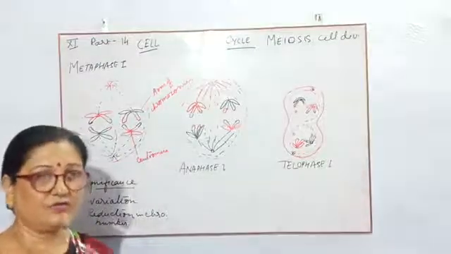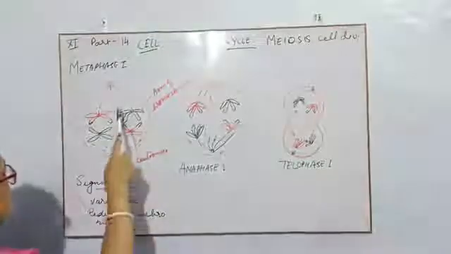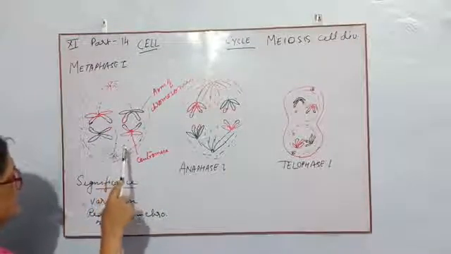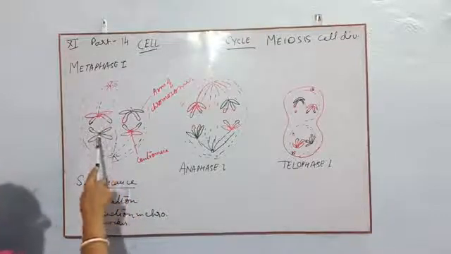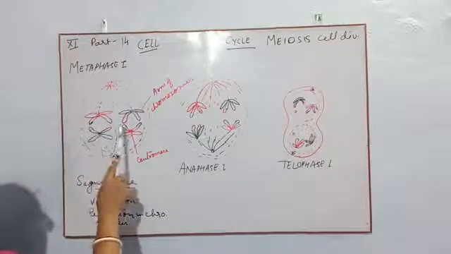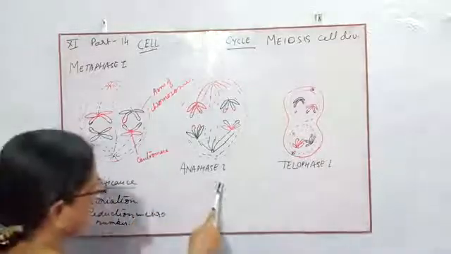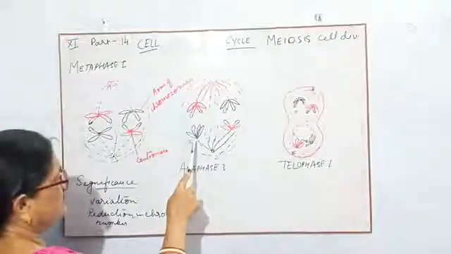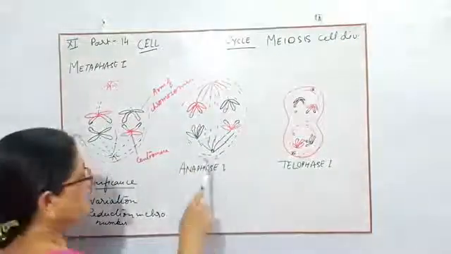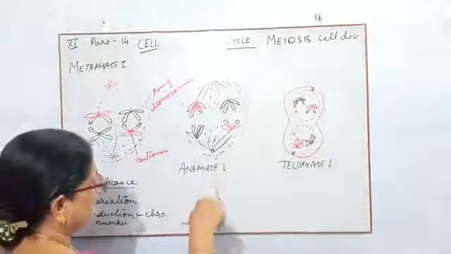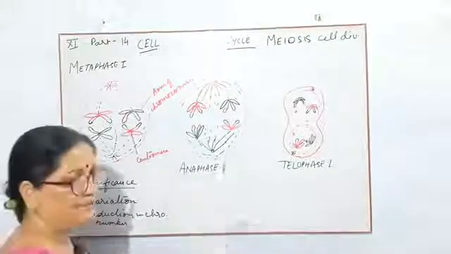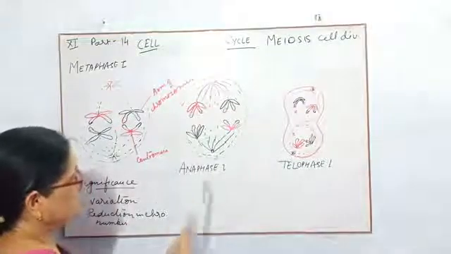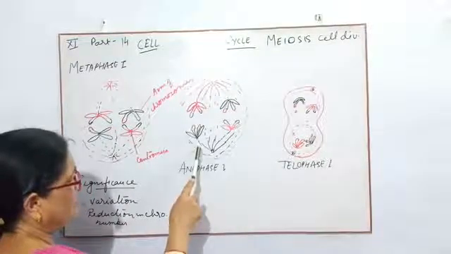Only one chromosome is separated towards each pole, and when they feel repulsive forces between the centromeres, they lead to anaphase 1. In anaphase 1, the centromeres become separated towards each pole, due to the pulling force of the centromere.